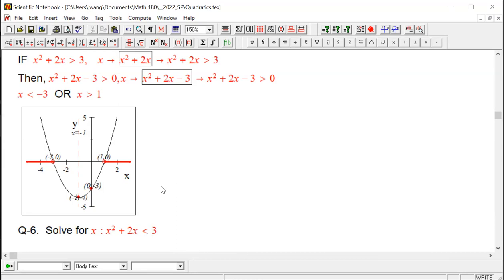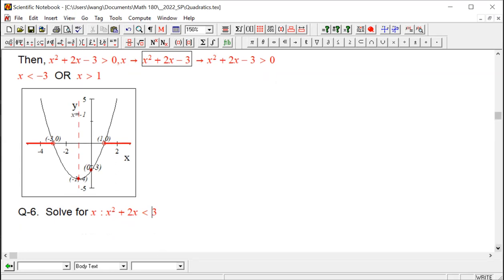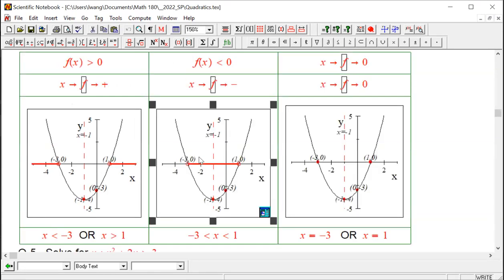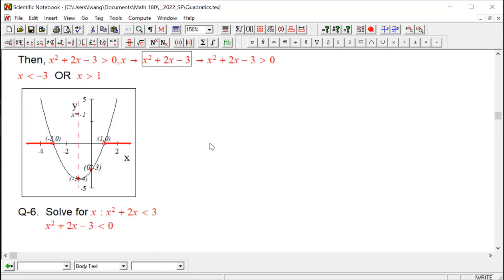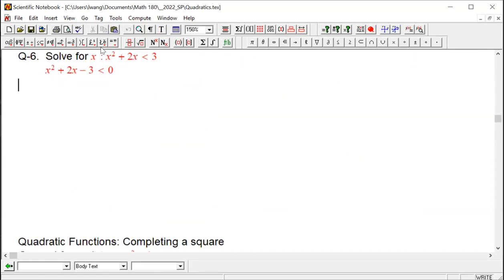And then you can tweak it. You can make one side equal 0. So this time, you'd be solving this inequality instead, and it turned out to be this piece, and the solution we already know.